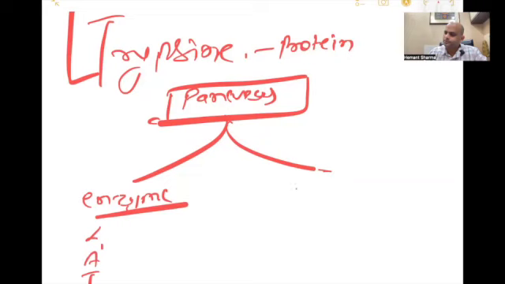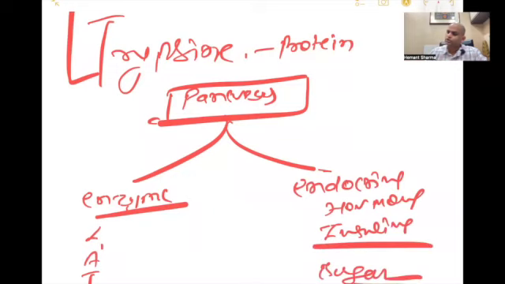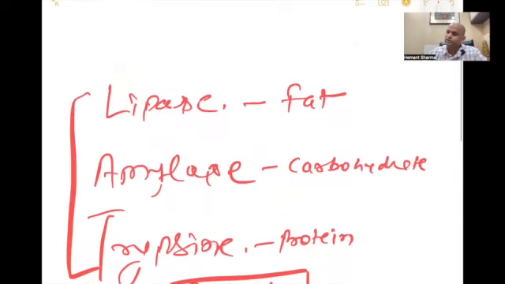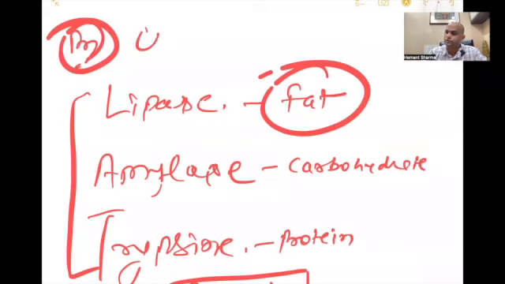The other function of the pancreas is secreting endocrine hormones like insulin, and with the help of that it controls your sugar. So if there is a disturbance of fat metabolism, like cholesterol, we will use the pancreas meridian.